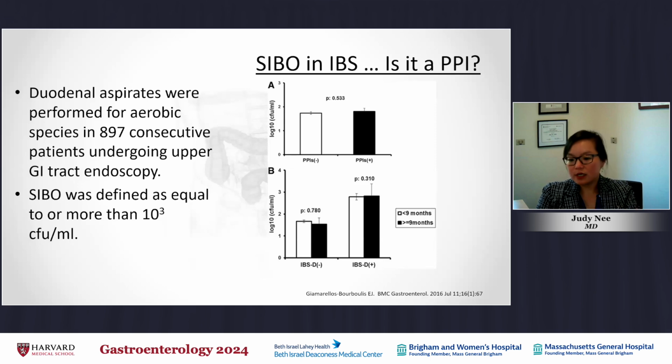This is just one study that I'm showing, and I always say there are 3 other studies that show the opposite of what I'm showing here. But duodenal aspirates were performed for species in 897 consecutive patients undergoing upper endoscopy, and they looked at the prevalence of SIBO in those who were taking PPIs and those who were not taking PPIs.